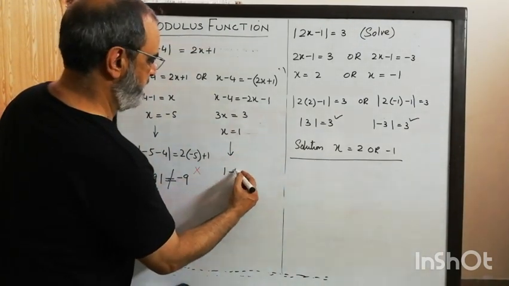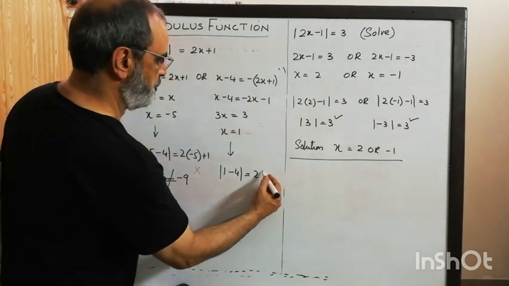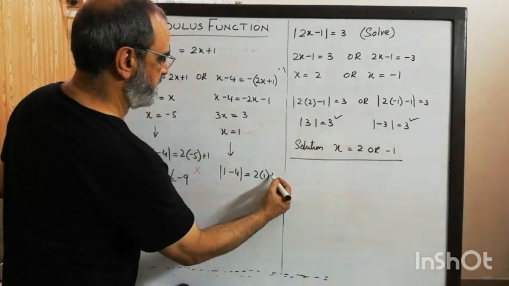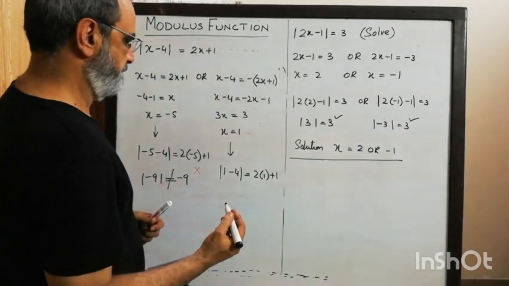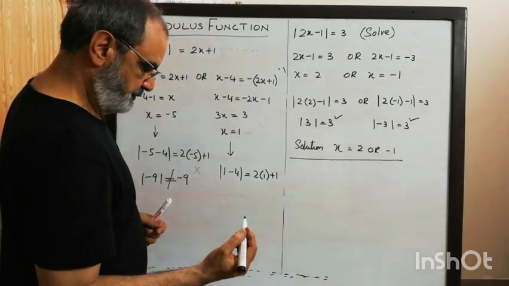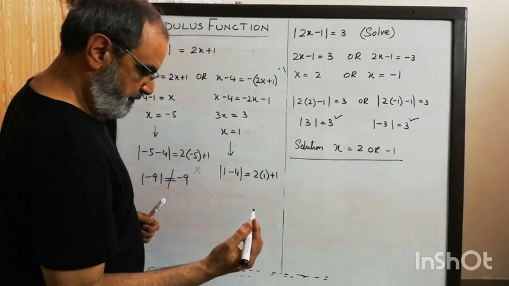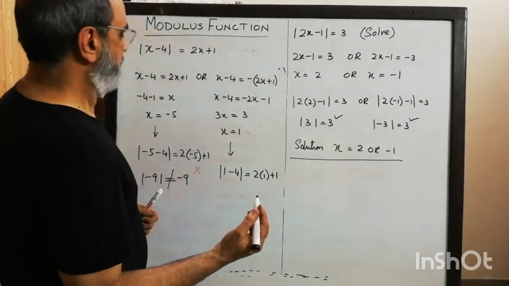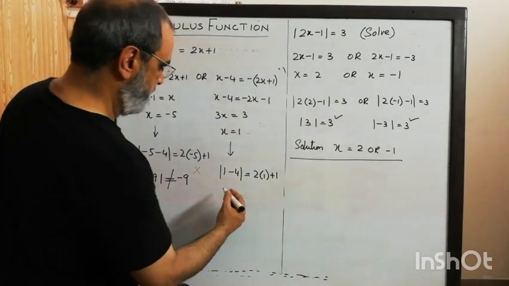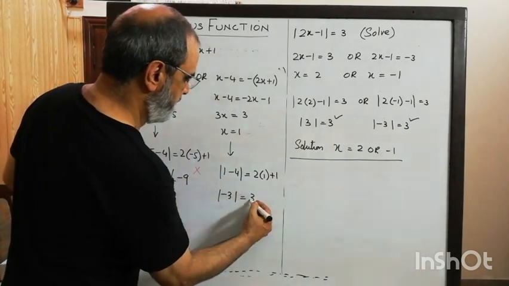One minus 4 is equal to 2 into 1 plus 1, so modulus of minus 3 is equal to 3.